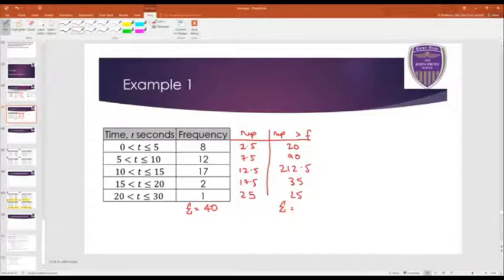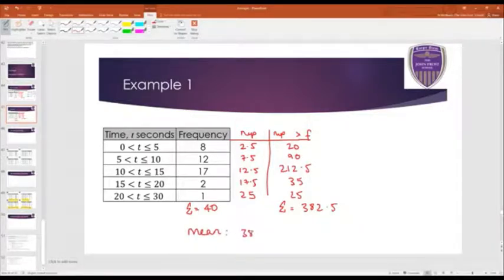So whatever we have been measuring here in time, we've measured 40 different pieces of data. And at the end, when we add these values up, 20 plus 90 plus 212.5 plus 35 plus 25, we get 382.5.